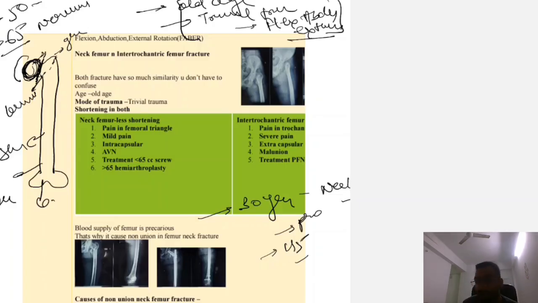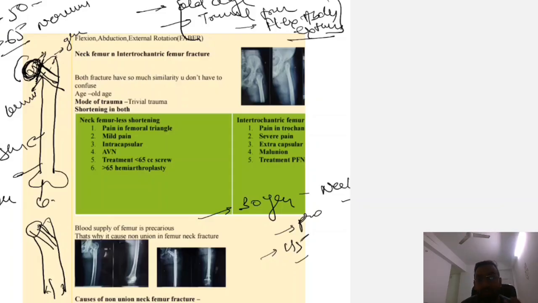That's why in a young patient, we will try to salvage the femur head by putting CC screws, cannulated cancellous screws. We will try to put 3 or 4 cannulated cancellous screws here, and we will try to preserve the head. So in neck femur fracture, because the femur head blood supply is disrupted, in young age we will put the cannulated cancellous screw.